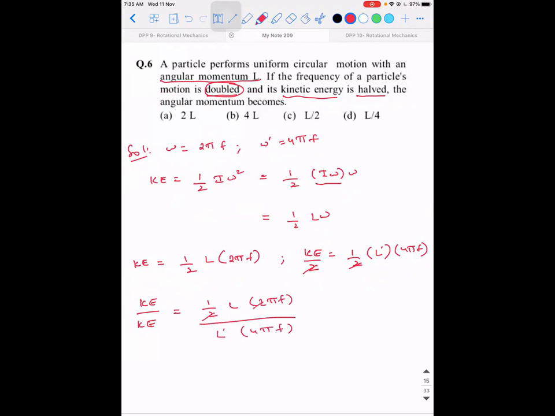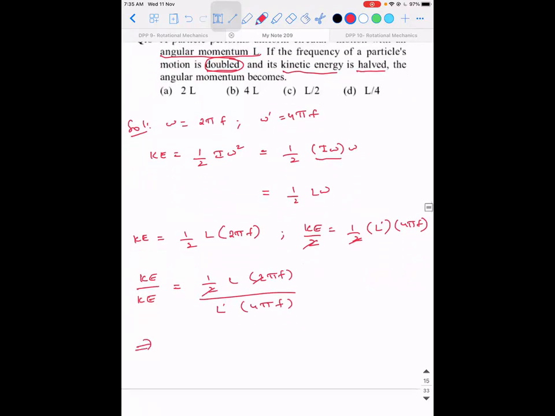This and this will get cancelled. Okay. So L dash will be equal to L divided by 4. This is the answer.